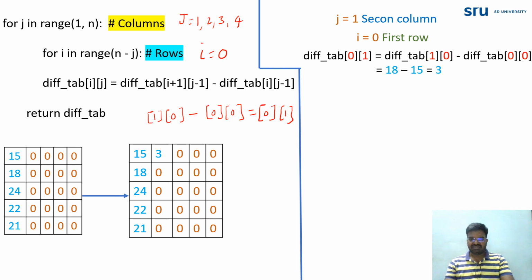If you put i equal to 0 and j equal to 1, it is difference table 1, 0, the second row, first column element, minus difference table 0, 0, the first row, first column element. That is 18 minus 15, which is 3. You have to save this 3 in the first row, second column, that is index 0, 1. I think it is clear. After this step, the resulting table is this one.